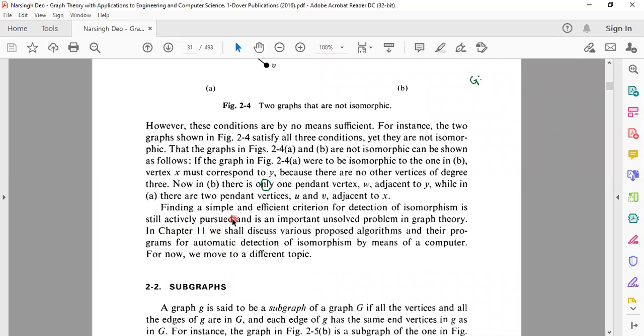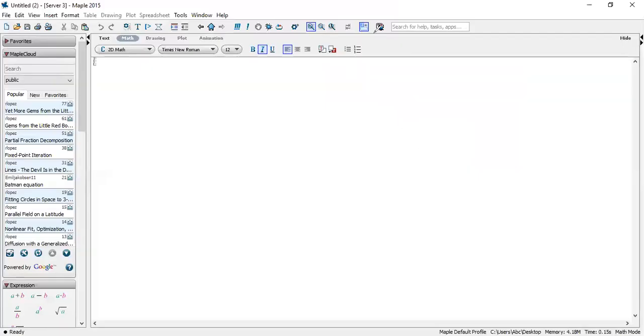Okay. Now I am going to show you something which you may find very interesting. As you can see, I am presenting to you a portal which is known as Maple.